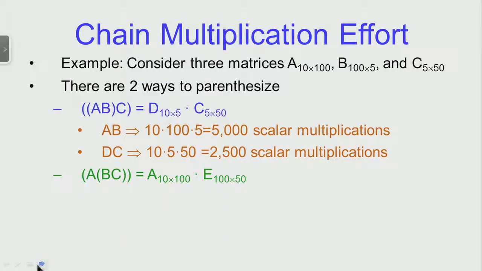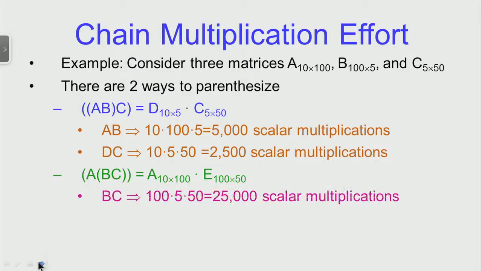Let us consider the second parenthesization, where B and C are multiplied first, followed by A. So, let the outcome of multiplying B and C be the matrix E, which is a 100 by 50 matrix. The product BC, which is performed first, takes 25,000 scalar multiplications.